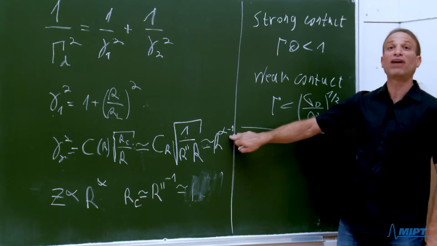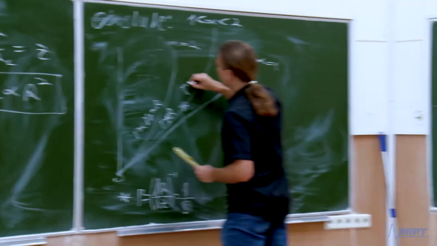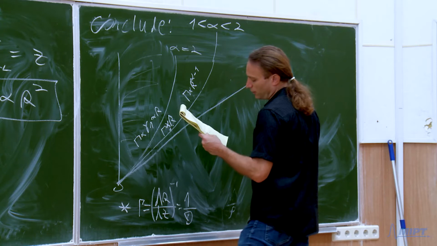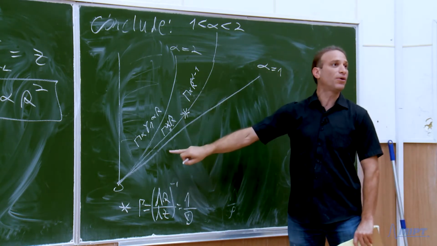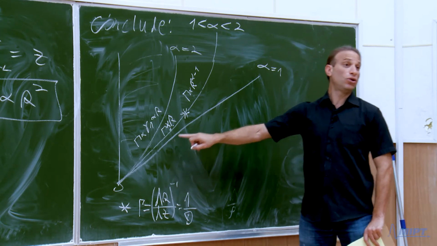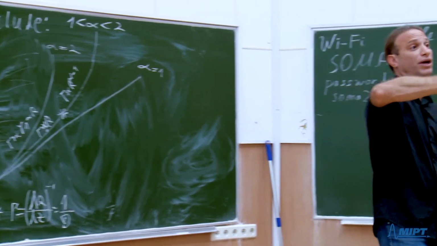I'm accelerating like r to the power of alpha minus 1, so gamma is proportional to r to the alpha minus 1. Since alpha is smaller than 2, this is slower than that. I'm still accelerating like a power law, but this power law is slower now.